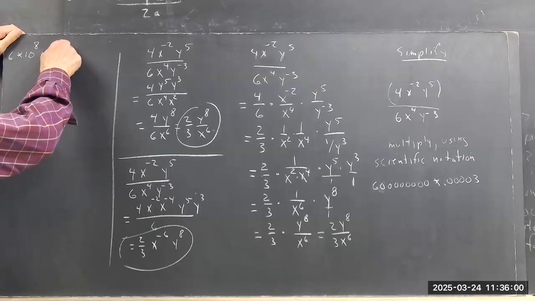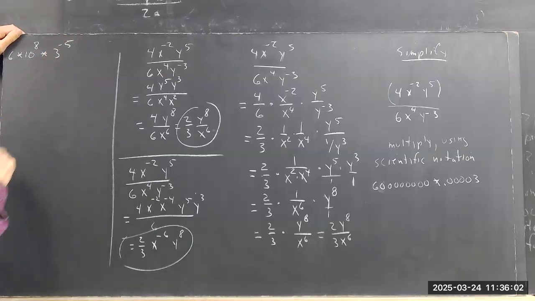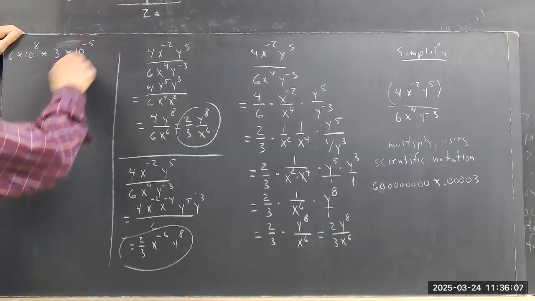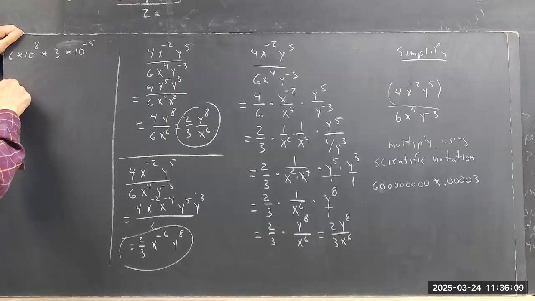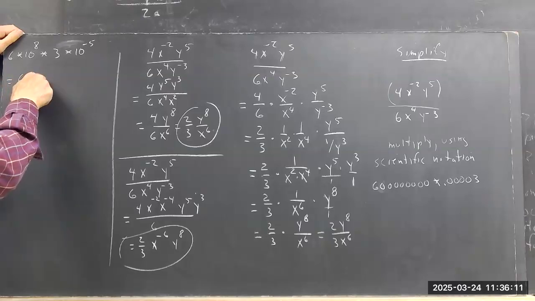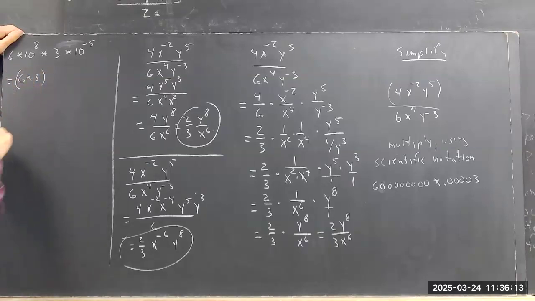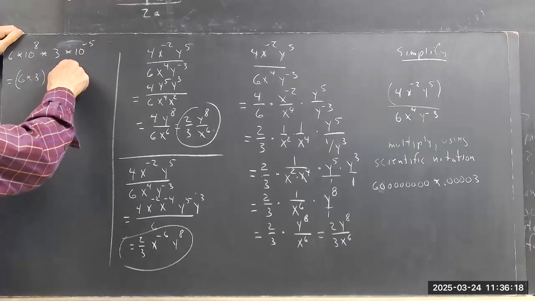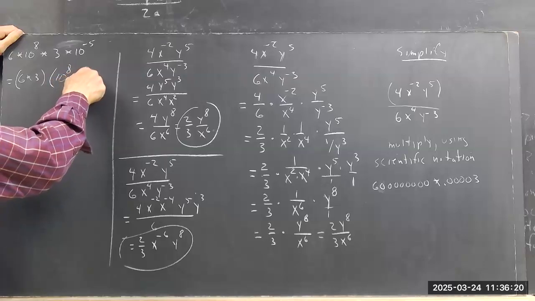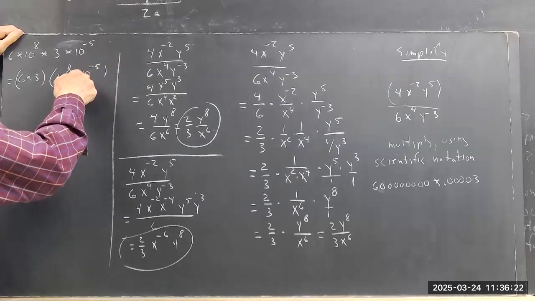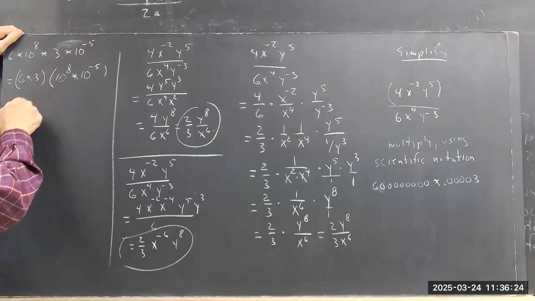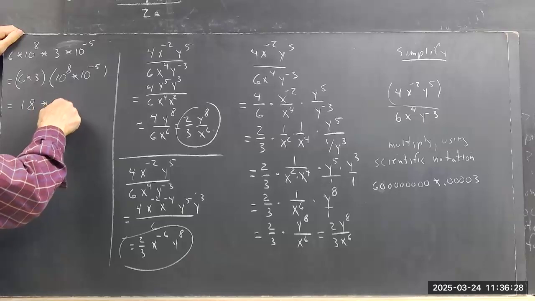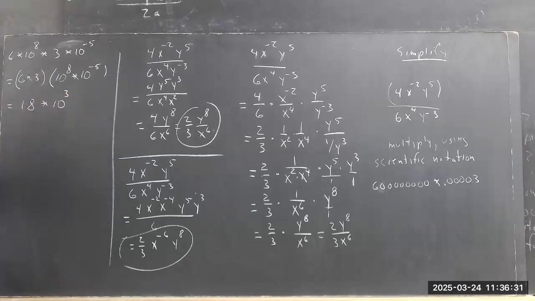And that's going to be 3 times 10 to the negative fifth. Six times 3 multiplied by 10 to the 8th times 10 to the negative 5th. And that's 18 times 10 to the 3rd.